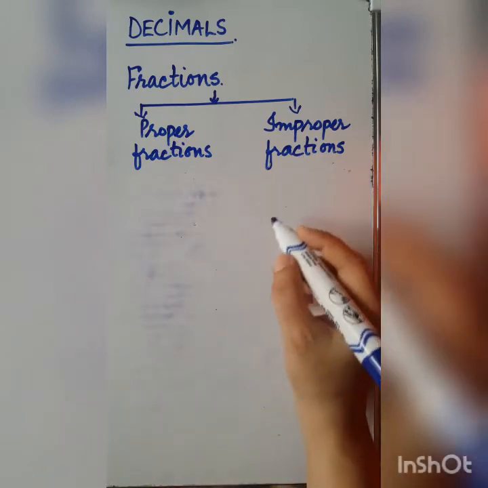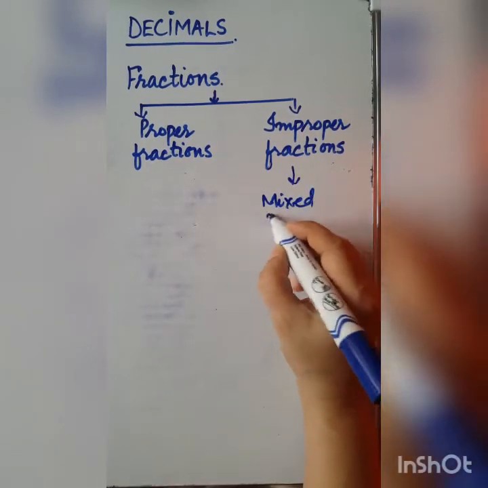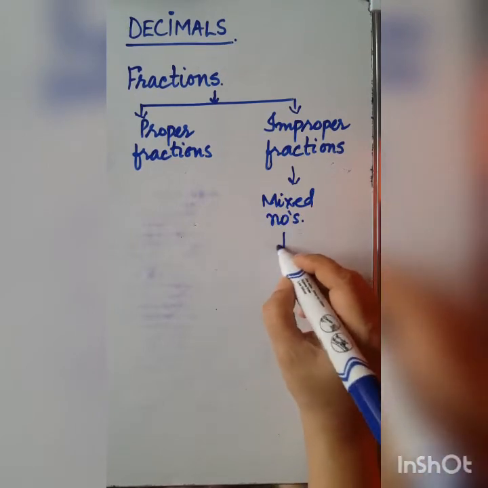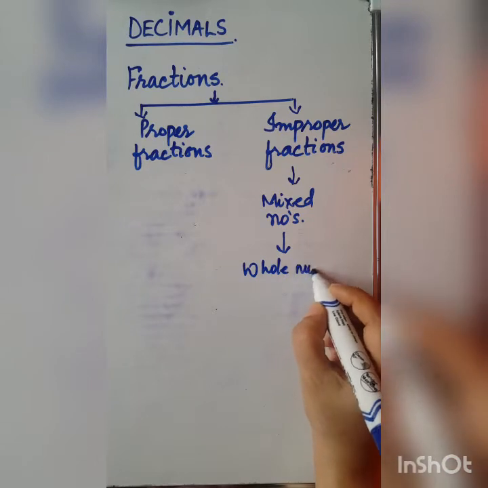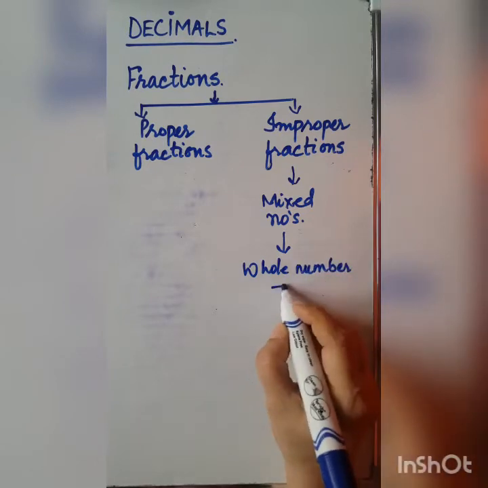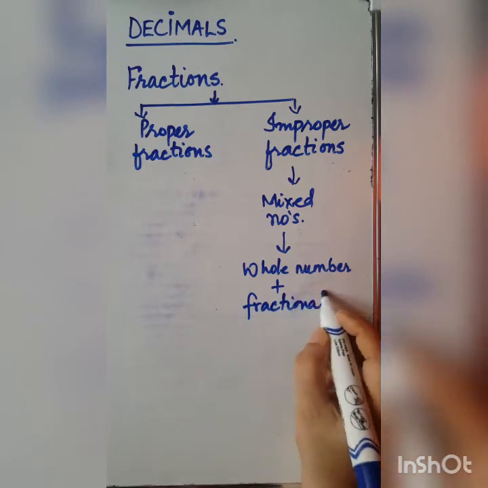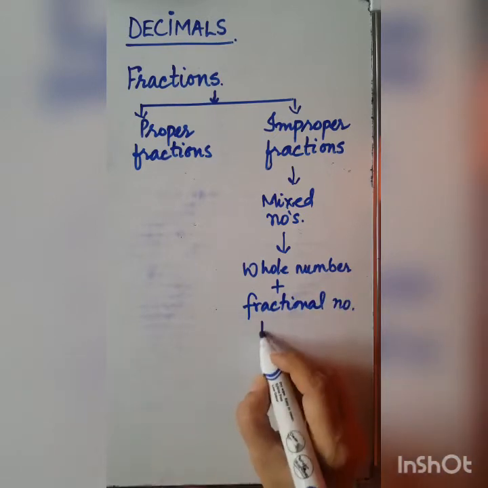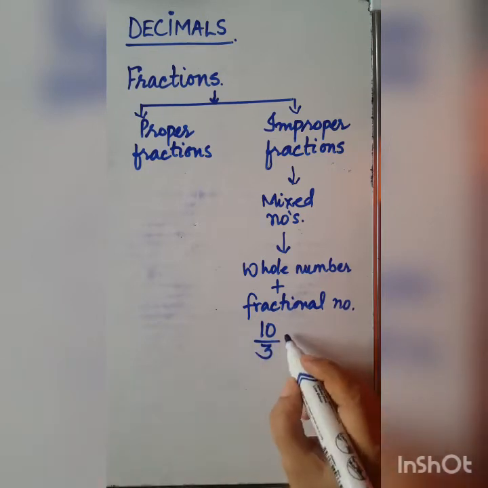Now improper fractions can be shown in the form of mixed numbers, where a mixed number is a combination of a whole number plus a fractional number. For example, I take 10 by 3.